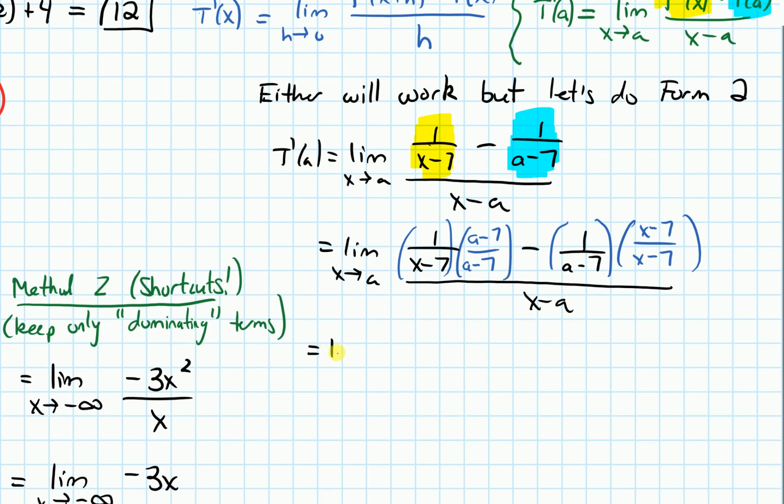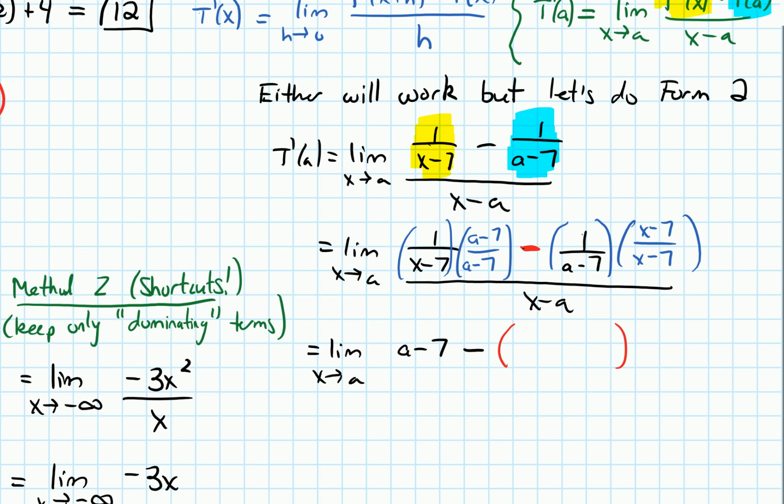So we have the limit as x approaches a, and multiplying this out, 1 times a minus 7 is a minus 7, and then we have this minus sign, and after the minus sign, we're going to have 1 times x minus 7. When I have this minus sign, it means it's got to be minus everything that comes after it, so let's not forget that I need parentheses around that.